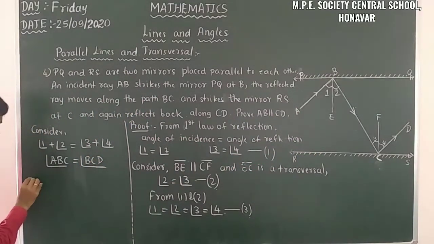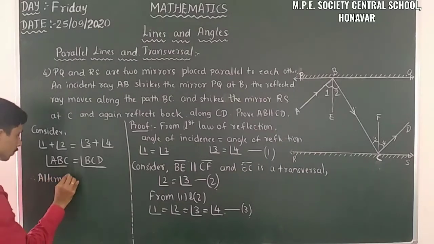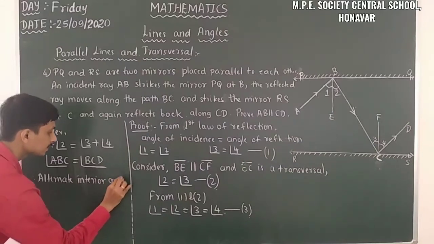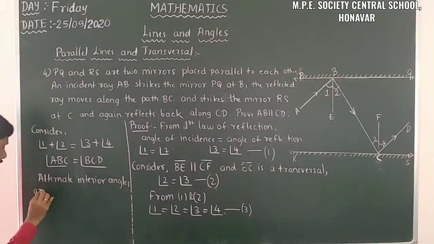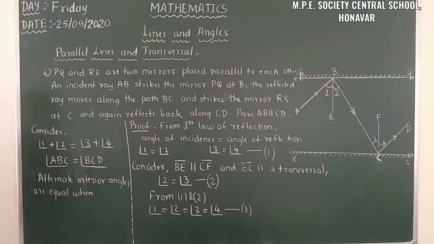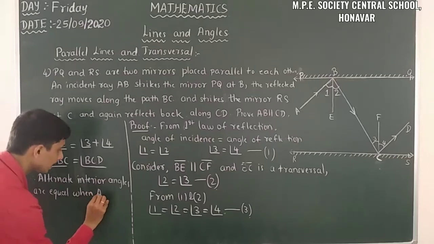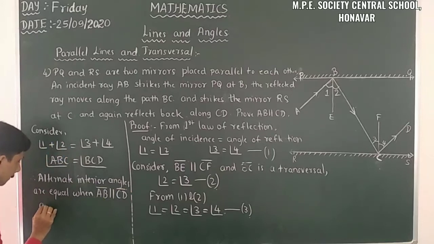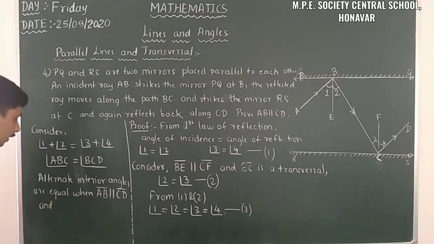So therefore alternate interior angles are the same. Alternate interior angles are equal when AB is parallel to CD and BC is a transversal.